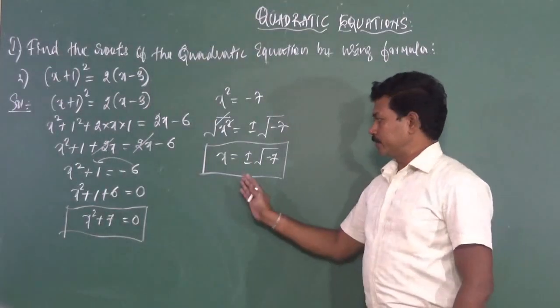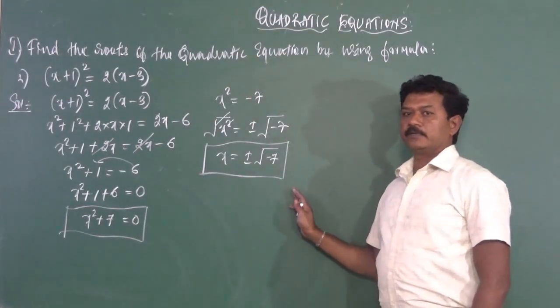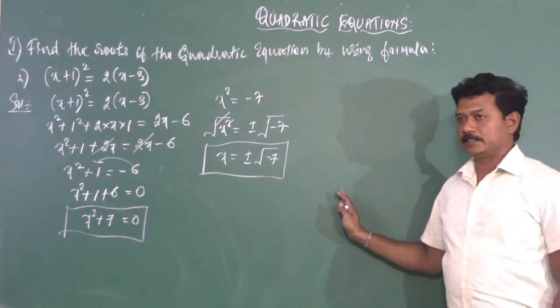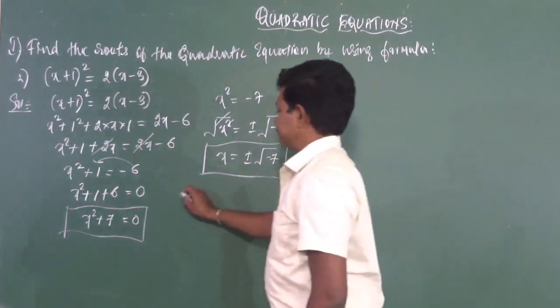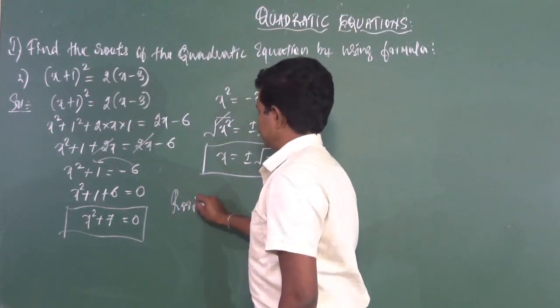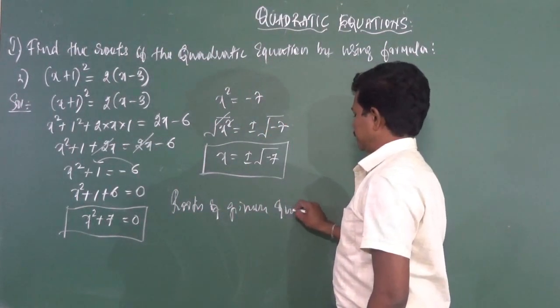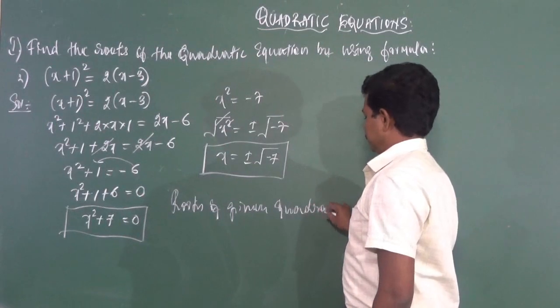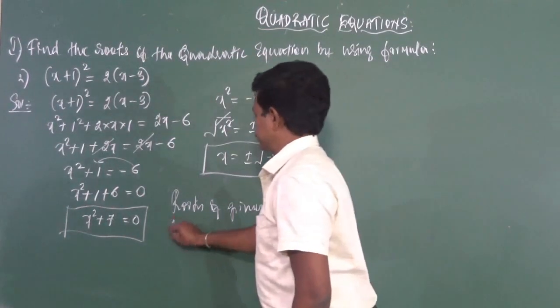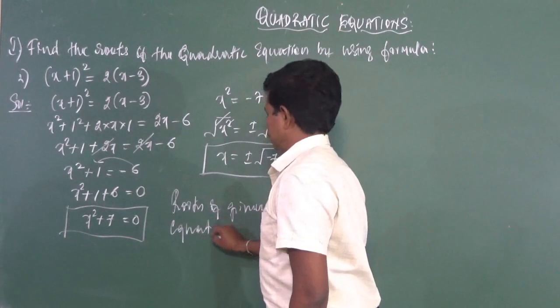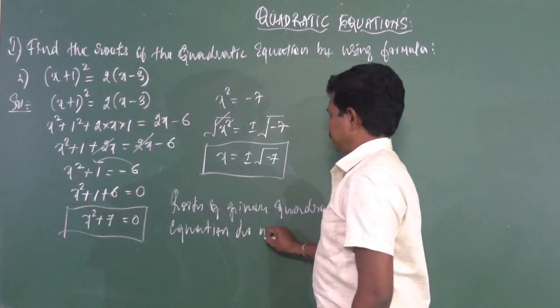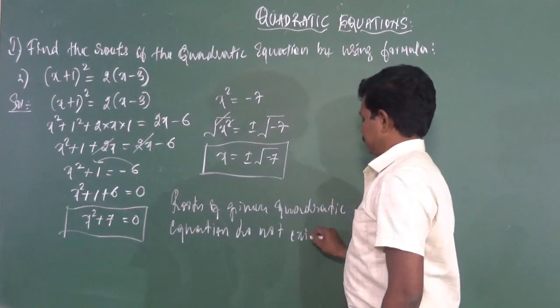So here we can write this. The roots of this given quadratic equation do not exist. Right? So at last you can write it: roots of given quadratic equation do not exist.